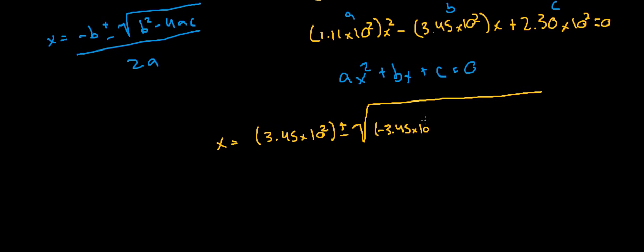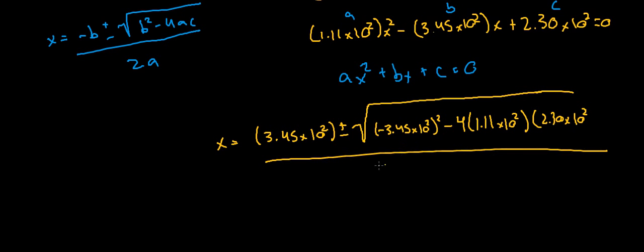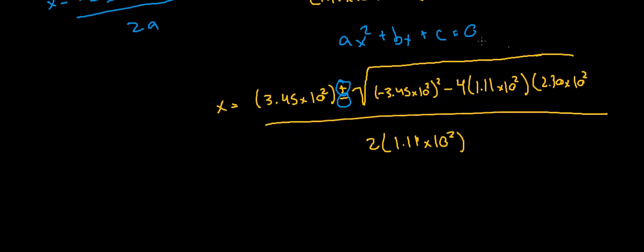And the minus sign doesn't really matter, it's going to be squared anyways. Minus 4 times a times c. So I've got to do this once for plus and then minus. So I'll get two answers, but only one of them is going to be correct.